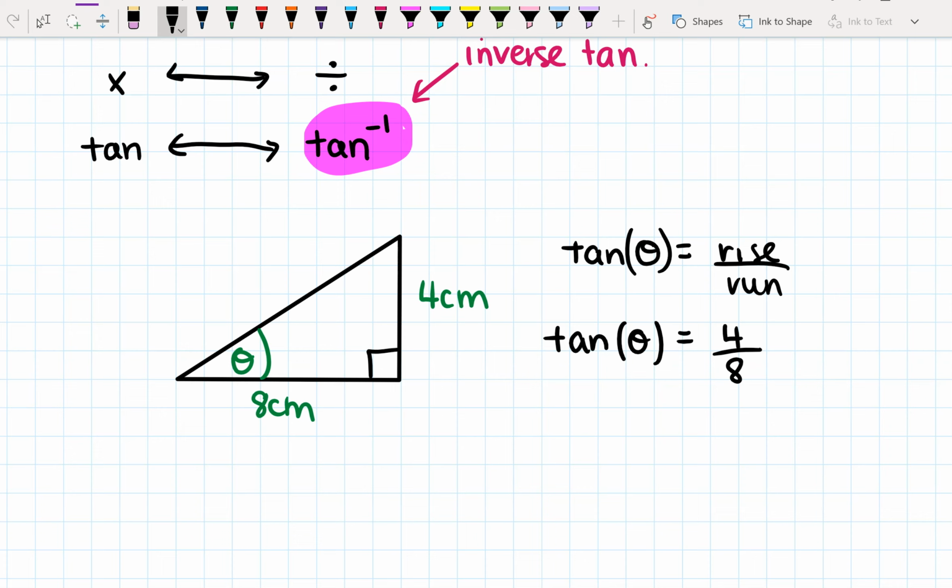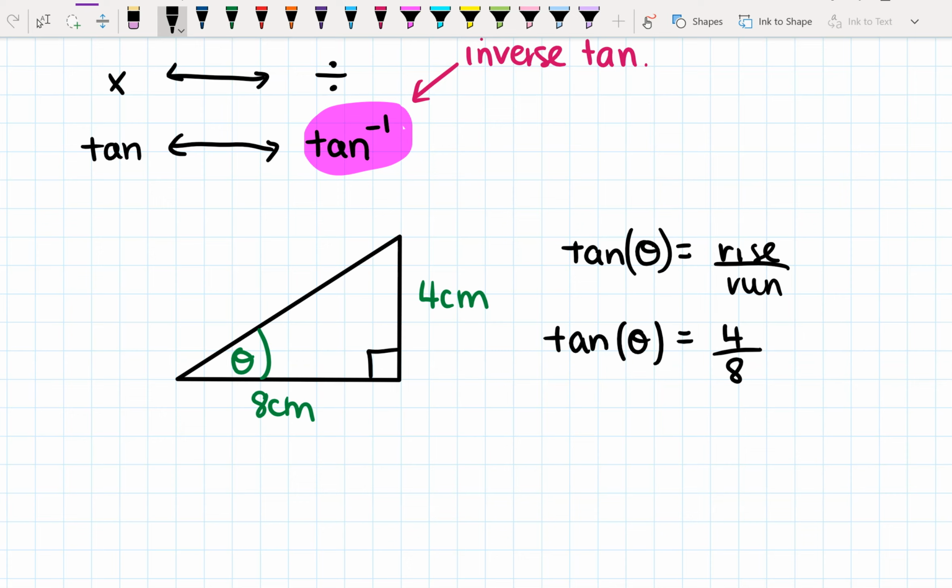Now, you can change that to a half if you want. You can change it to 0.5 if you really want. We don't need to. I typically wouldn't change things to a decimal. I've talked to you about this before. We don't use decimals very often because they're not accurate, especially in the middle of a question. You should never use a decimal in the middle of a question if you have an applicable fraction, so keep the fraction as it is, but a half would also be fine here. So we have the tan of theta equals 4 over 8.